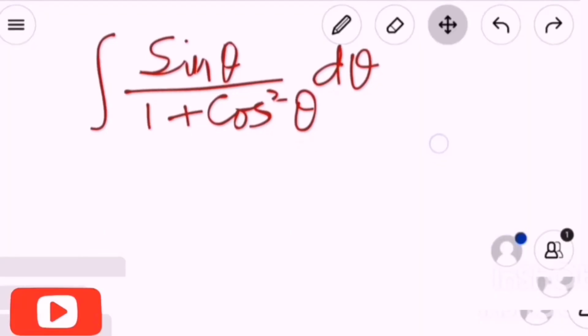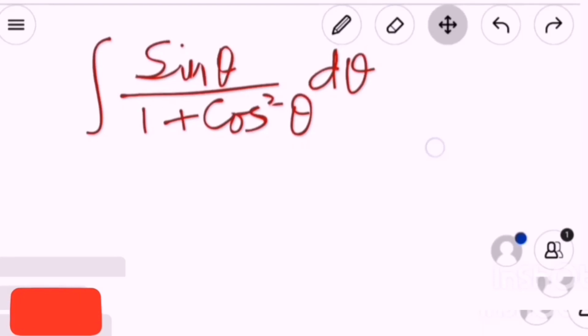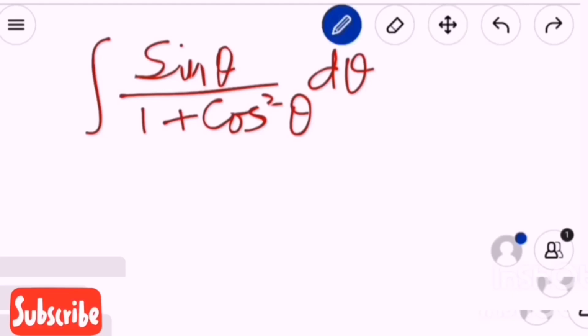Integration sine theta by 1 plus cos square theta d theta. This function which is to be integrated does not match with any of the standard forms written on page 125. So we first try to match it with one of those standard forms. And how can we match it with those?